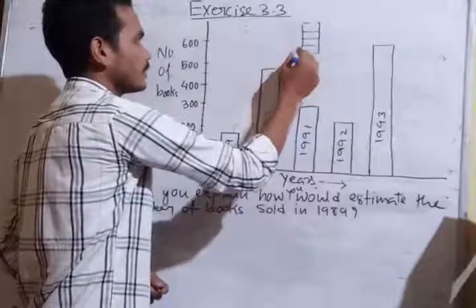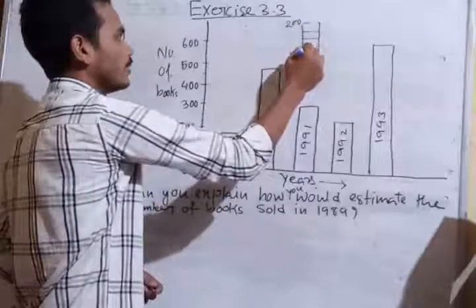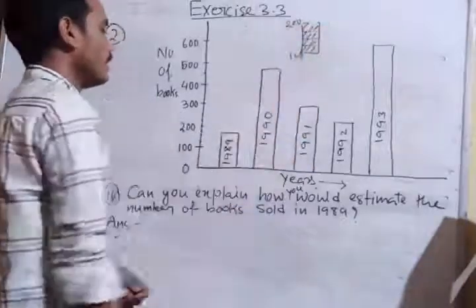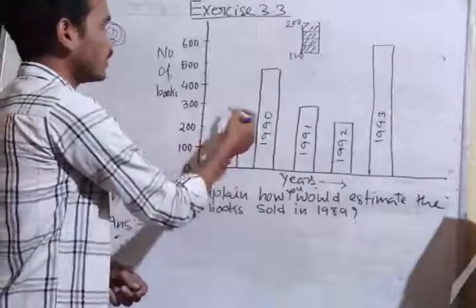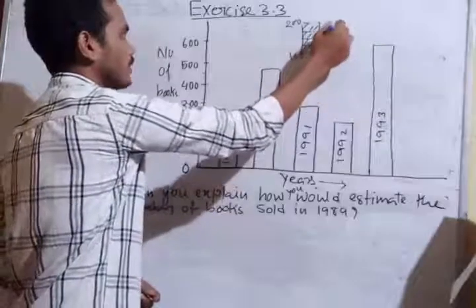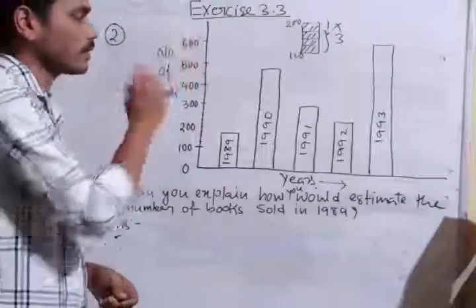This is the 100 and this is the 200. Then here 4 parts are there, 1, 2, 3 and 4. In these 4 parts, it is more than half, means we are taking up to these 3 parts. The last one we are not taking, 3 parts we are taking.